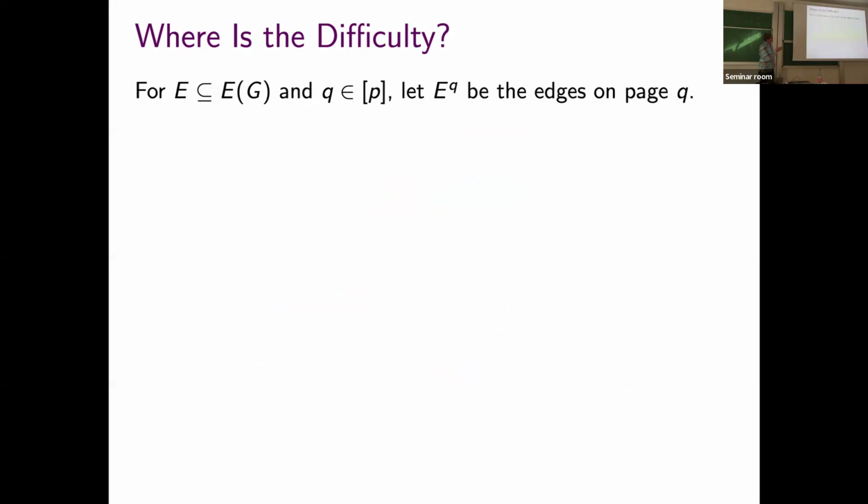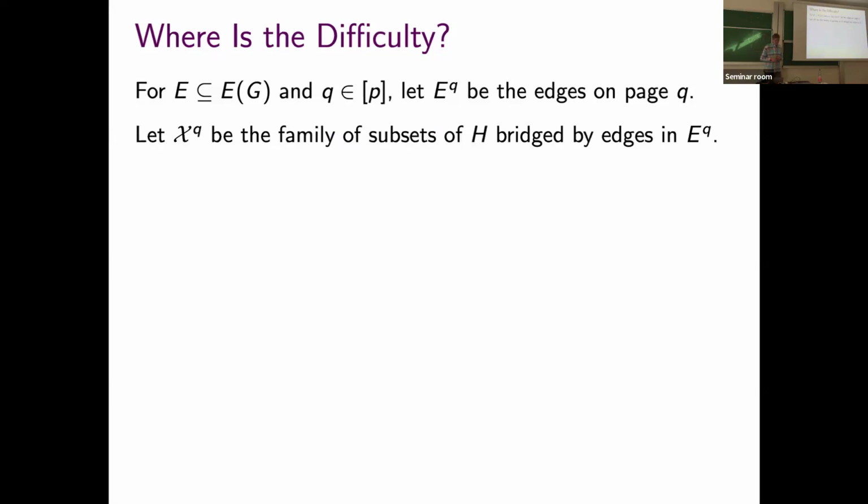Suppose I have a solution, a subset of edges that I can map to my P pages, and then I want to use EQ to talk about the edges on page Q. Now the edges that get mapped to this one page Q bridge various subsets of my hitting set H. So let me use XQ to talk about these subsets.